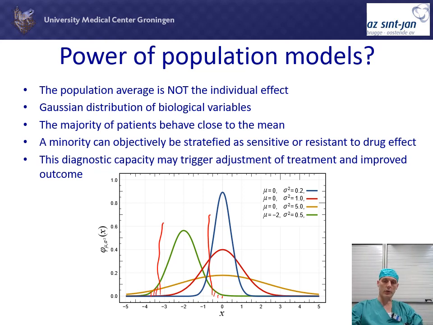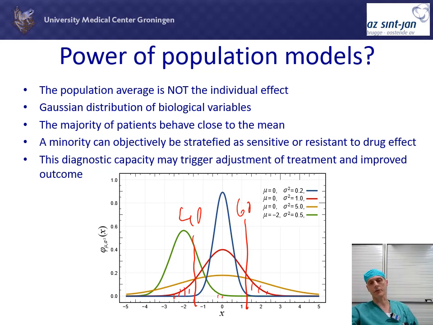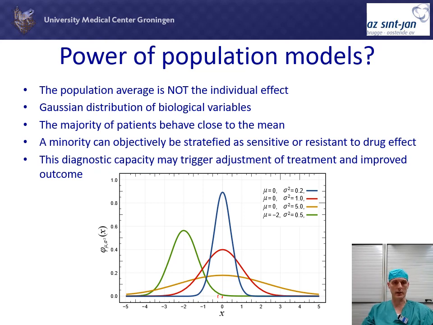If, for example, the red one would be the distribution for the BIS relationship with the effect site concentration, you would see that the majority is in a range between 40 and 60, and only a limited number have an excessive effect or an insufficient effect and need to be adapted. That's how you individualize the drug titration with the effect site controlled pump.